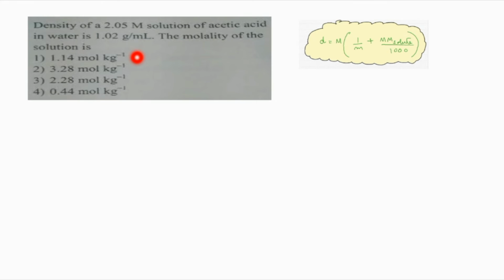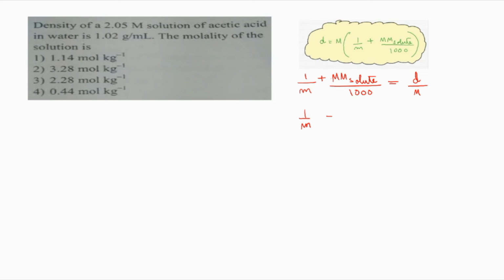So in this problem, we will have to find out molality. Let's rearrange before substituting. This can also be written as 1 divided by molality plus molar mass of the solute divided by 1000, that will be equal to density divided by molarity.